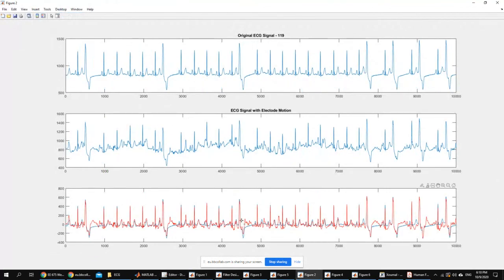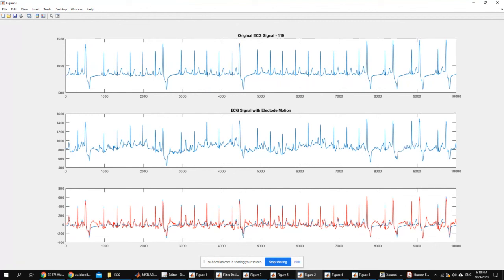See now what happened. This is a signal with noise. After we did the filtration, we removed the noise. Basically, we removed the component corresponding to the baseline wander.